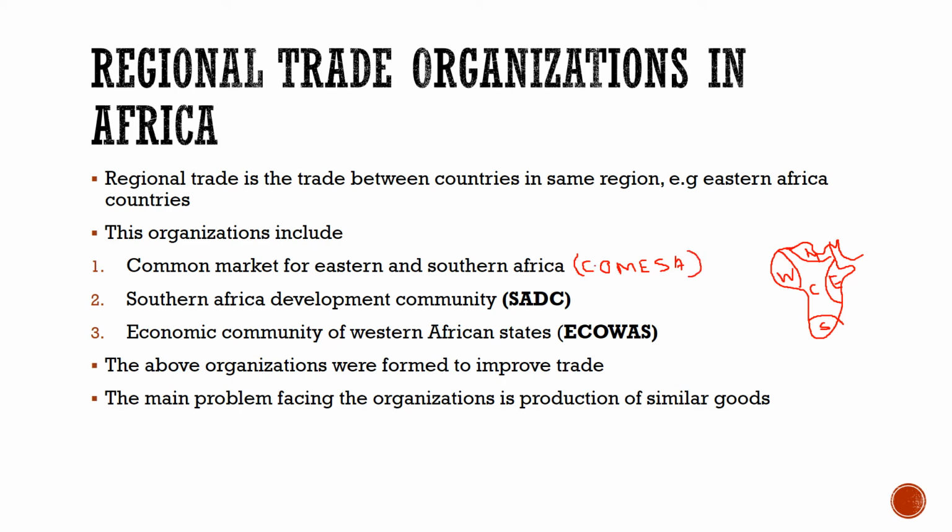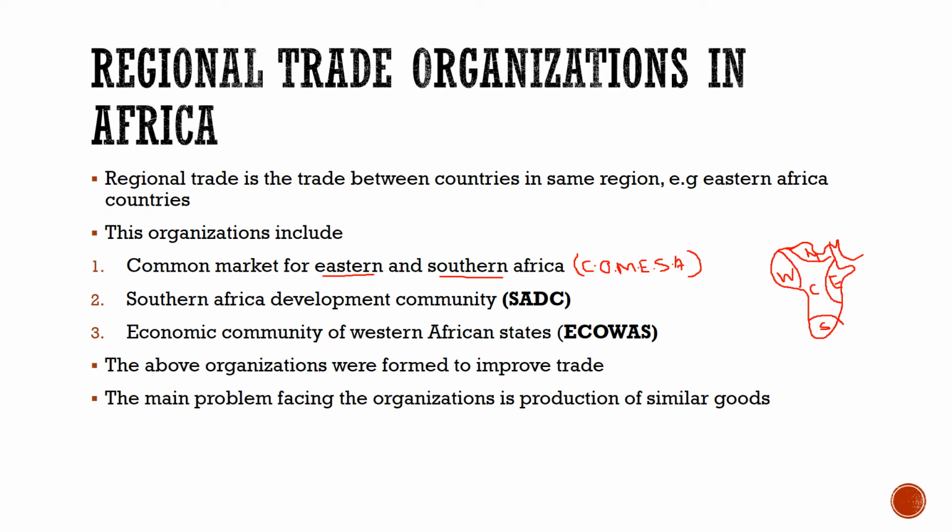As the name suggests, this is a regional trade organization for Eastern African countries and Southern African countries. We will see the members of COMESA later when we discuss COMESA.